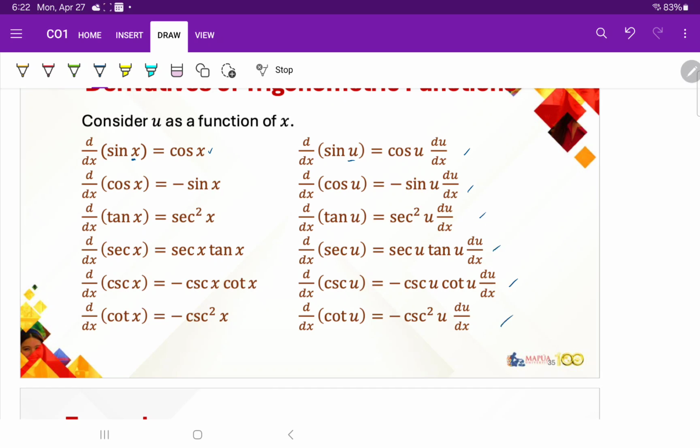So you may not use this anymore, because this side is only for when we have x, but this one is general. Alright, so then let's have examples.